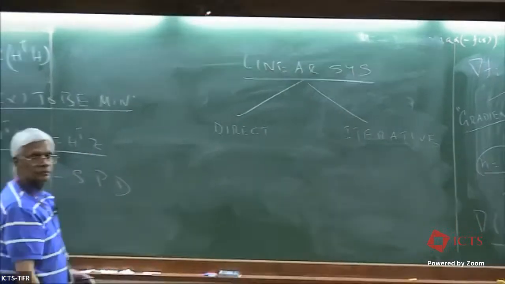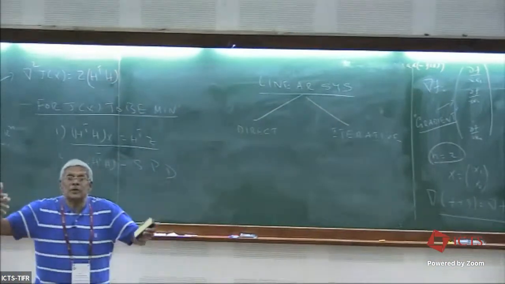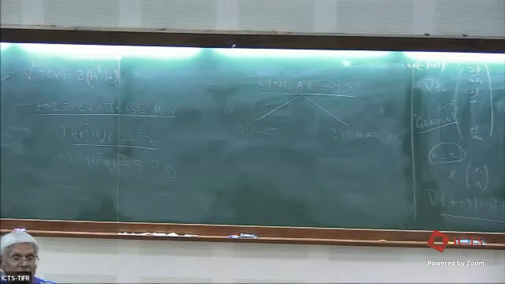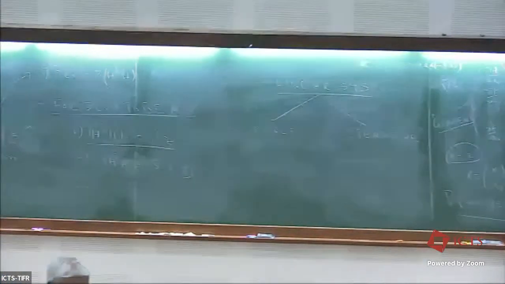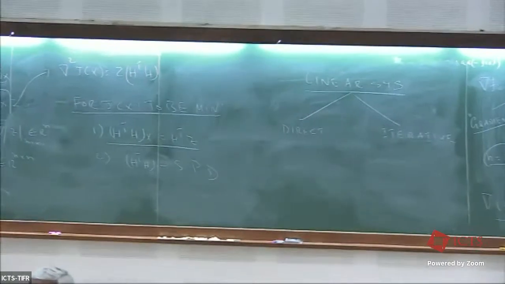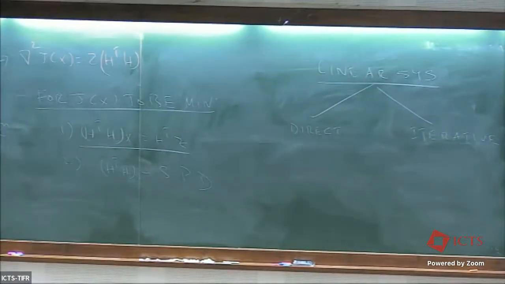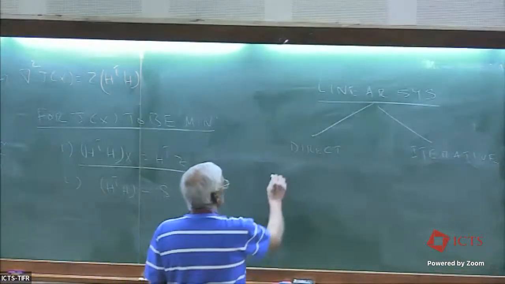That's non-trivial. The ultimate computational burden in data assimilation comes in at this stage. I have to compute the optimal solution. The optimal solution is obtained by solving a linear system if I use this approach. So what are the methods?